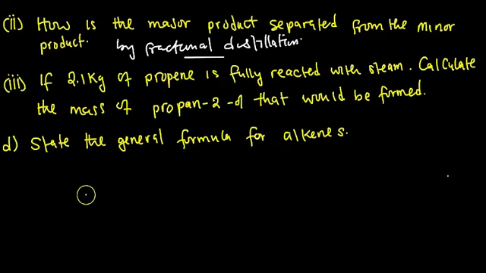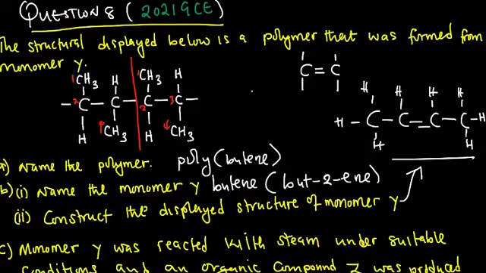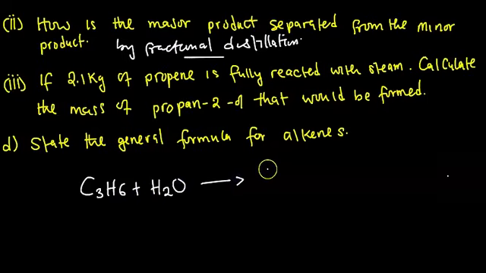Okay, so the reaction is going to be like this. Propene written as C3H6 reacting with steam. What is going to be produced is propanol, written as C3H7OH.